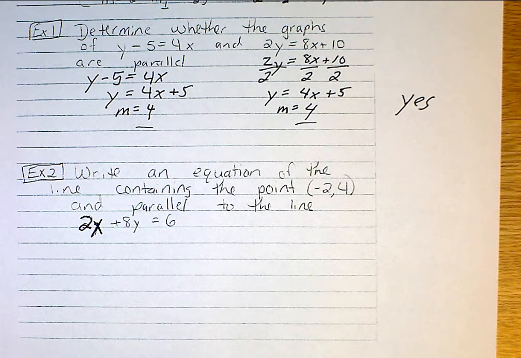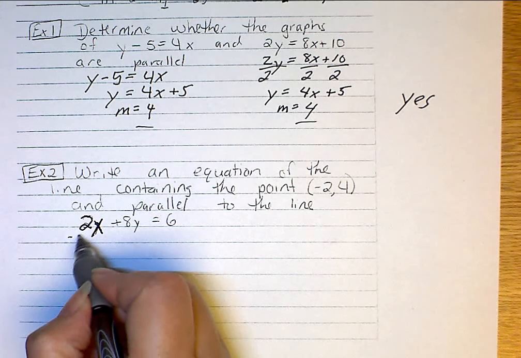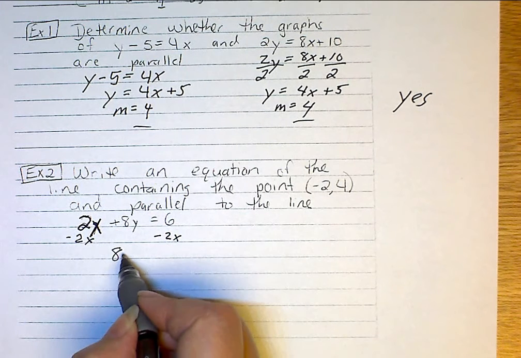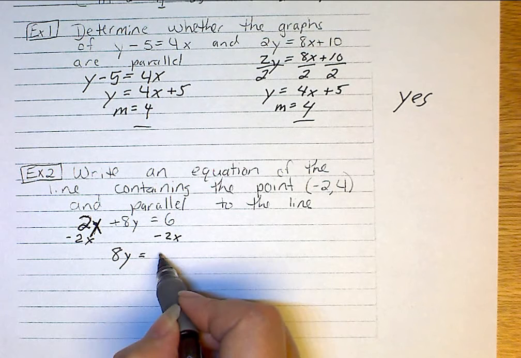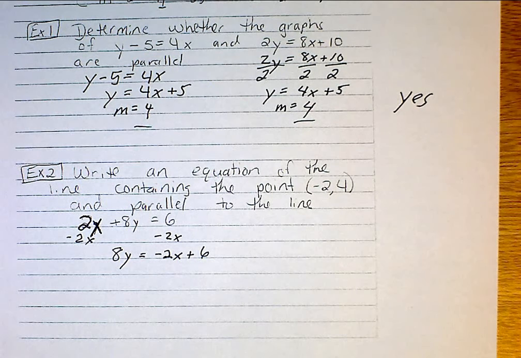So, I need y by itself. So what do I have to do? Subtract 2x. So I have 8y is equal to -2x plus 6. And then divide by 8.